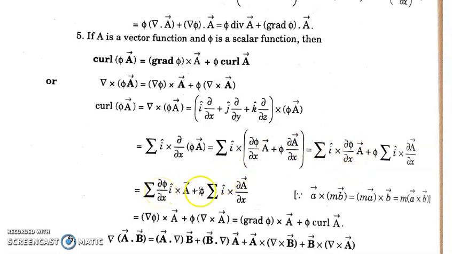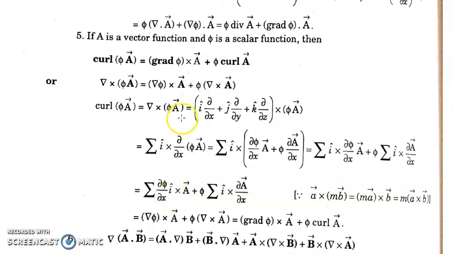We can shift it to the first term. So that will be summation dou phi by dou x I cross A plus phi into summation I cross dou A by dou x.